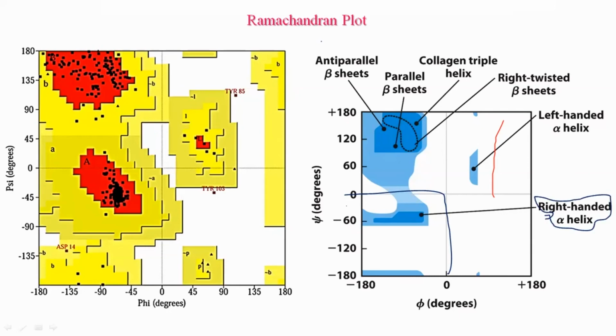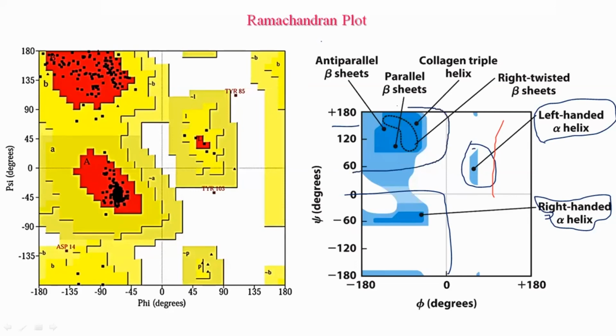And if the phi and psi angles are from plus 0 to plus 180, or 180 to 0, in that case it will be a left-handed alpha helix that will fall in this quadrant, right?